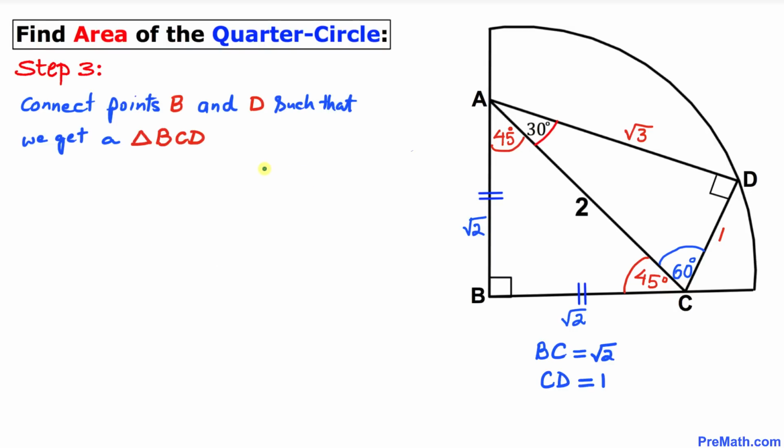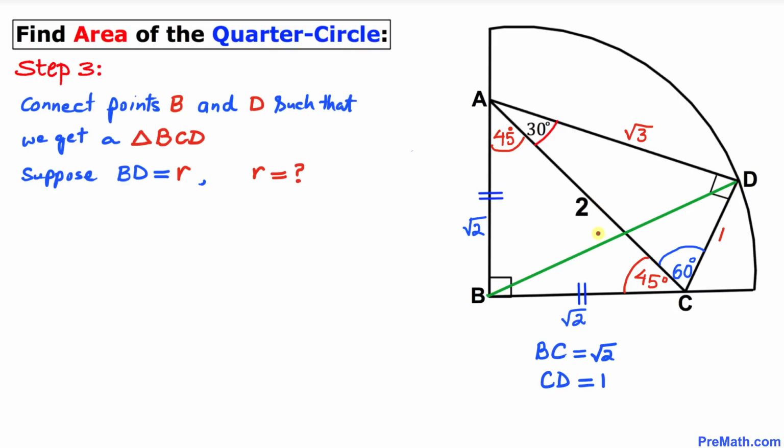And here's our next step. Let's connect these points B and D, so that we can get this triangle BCD. And here's our much nicer looking triangle BCD. Now we can see that this side length BD is a radius of this quarter circle.